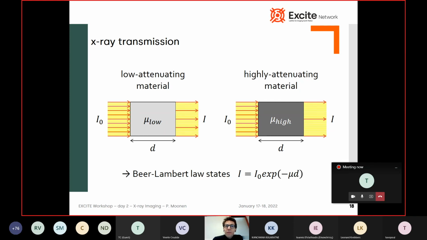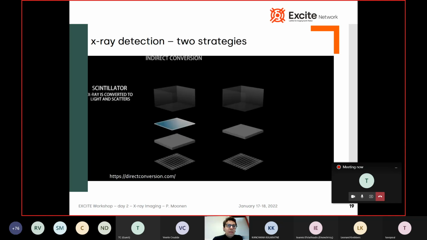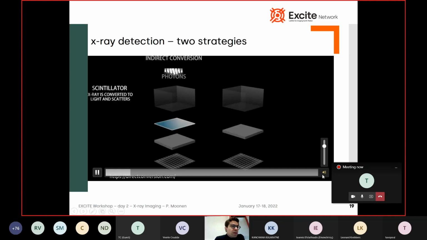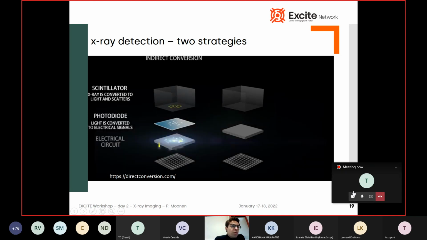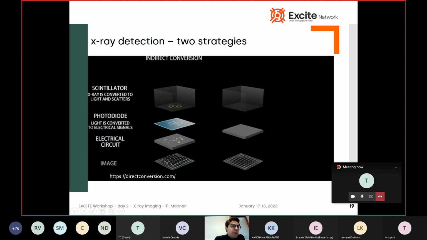Now, this beam makes it through the sample, but then we still need to detect it. To detect it, there are essentially two strategies. Strategy one is the indirect conversion, which you see illustrated in the movie here. X-rays come in and impinge on a scintillator.